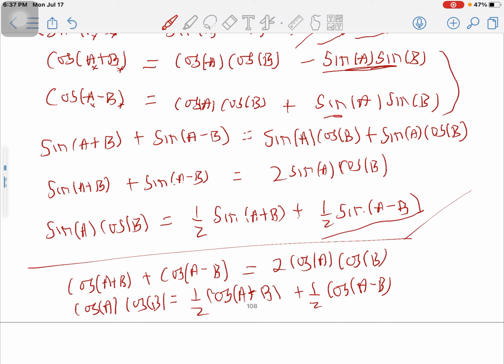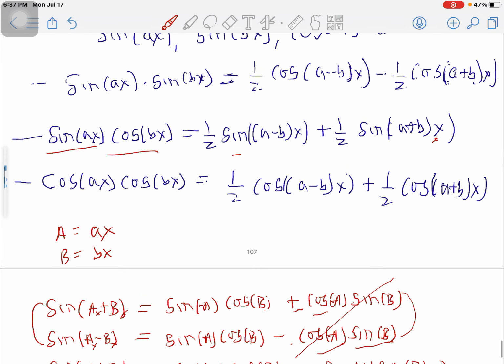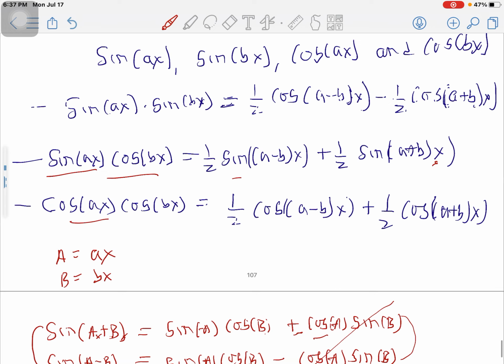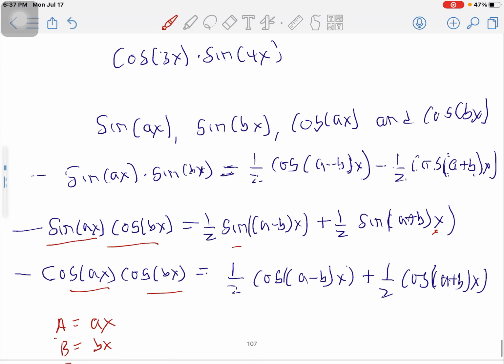That is the same as cos AX cos BX, assuming a equal to AX and b equal to BX, half cos (a minus b)X and then half cos (a plus b)X. This is how this identity came from.